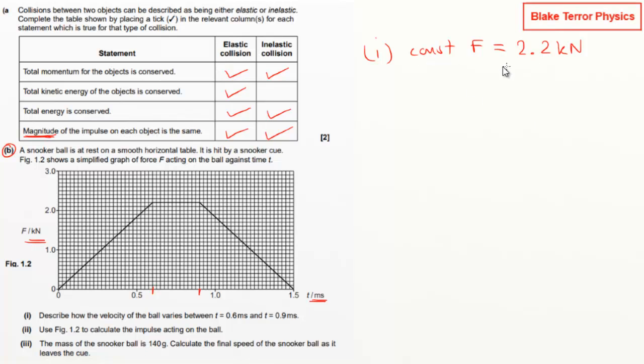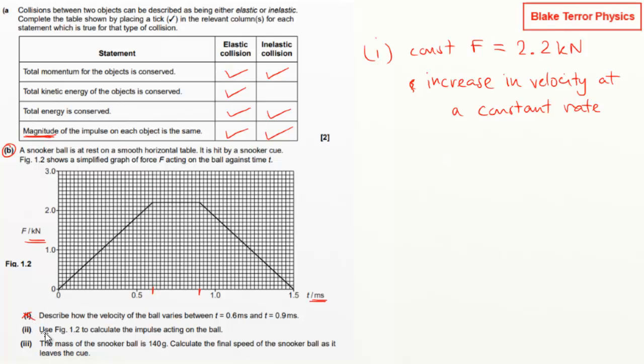If we've got a constant force, we've got a constant acceleration, so a constant rate of change of velocity. So we've got an increase in velocity at a constant rate, because the force is constant.